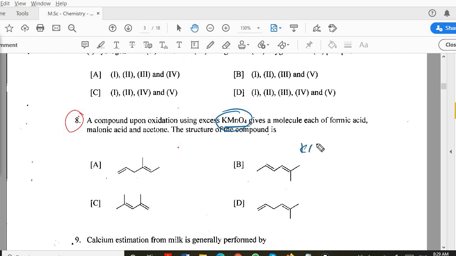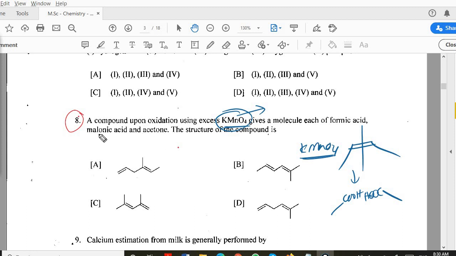KMnO4 is a strong oxidizing agent which will break down the double bond into the acid. So each of the double bond sides will get one carboxylic acid. This is the reagent specificity of the KMnO4.